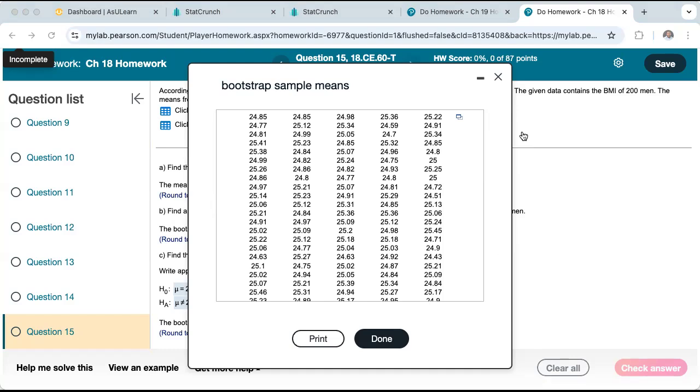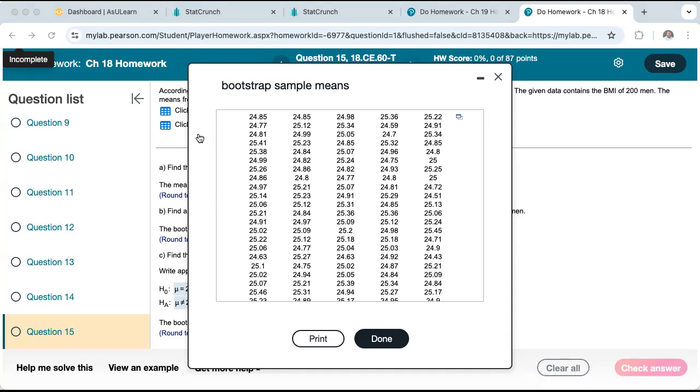So to be able to get the p-value, first and foremost, my sample mean was 25.08. Is that okay? And then my mu naught was 24.9. So how did this move to become this?